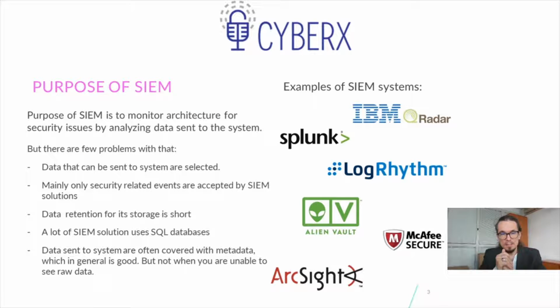First of all, the data that can be sent to the system is selected, meaning that the manufacturer of the SIEM delivers a list of supported sources. So back to the example with your firewall, if that firewall is not on the list of supported sources from that SIEM manufacturer, then you are unable to send the data to that SIEM.